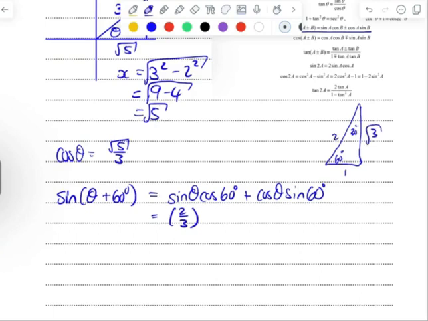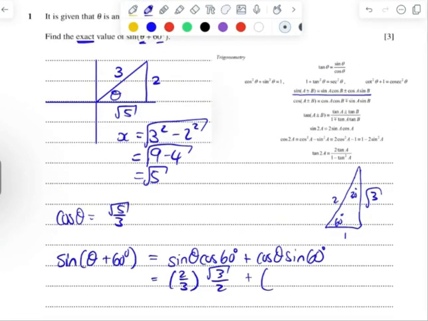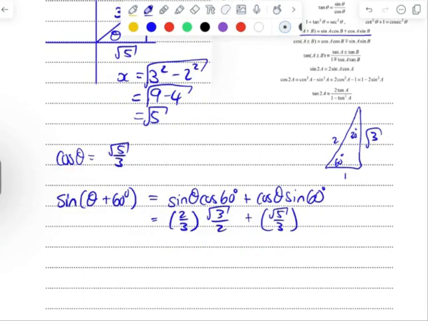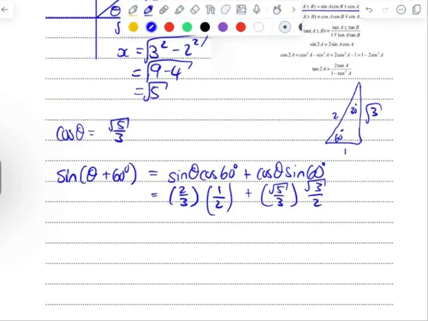I'm seeing here sine 60 is root 3/2, sorry, and cos 60 is actually 1/2. Okay, so just make sure that you do get those correct. Use your calculator if need be. You don't have to do that with a special triangle.